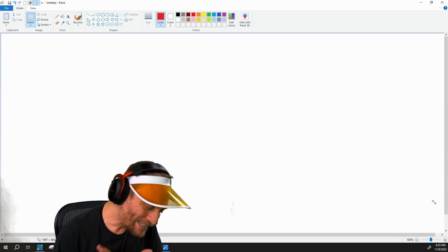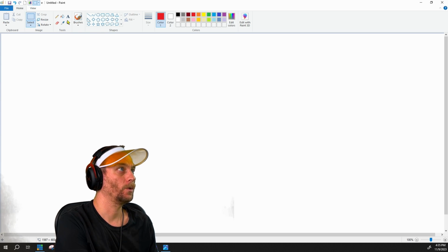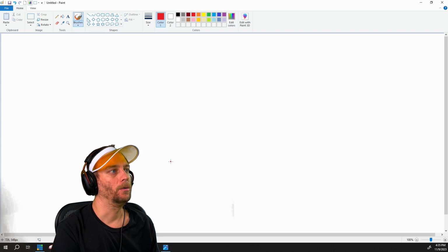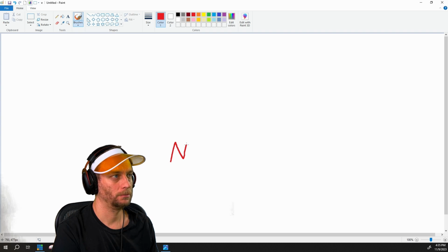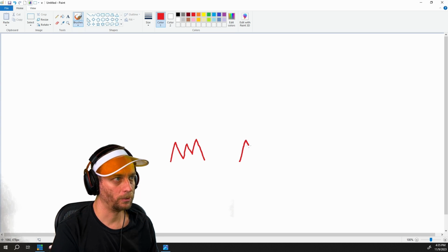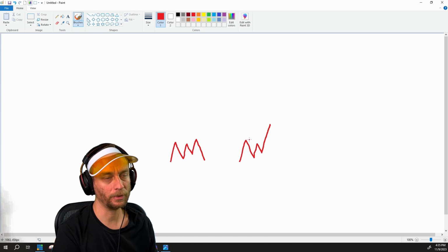Now, when is it not a top tick? When is it not a bottom tick? Can it go too far? Yes, it can. So if the range is really, really small, there's your top tick. If the range is really, really, really small and it comes out that far, it's not quite a top tick.